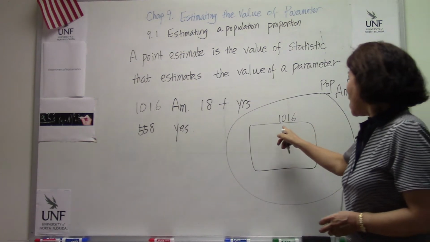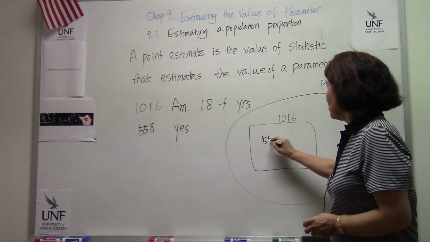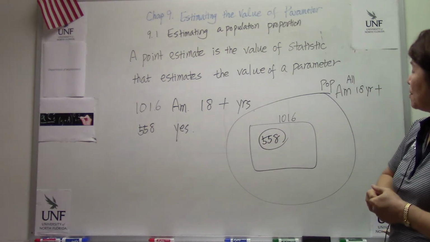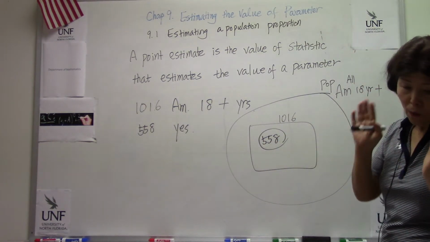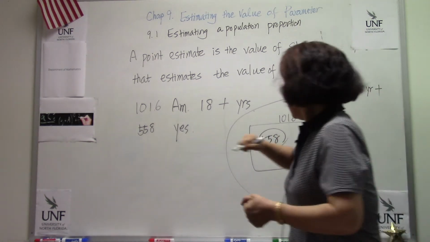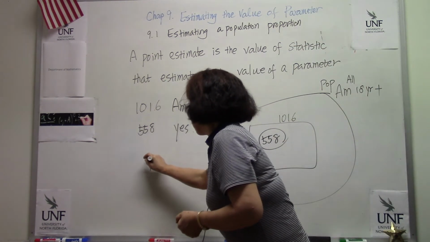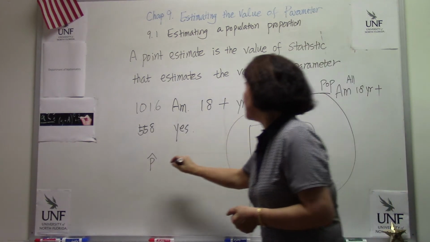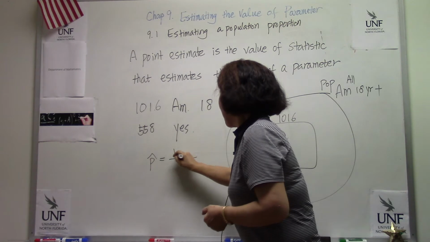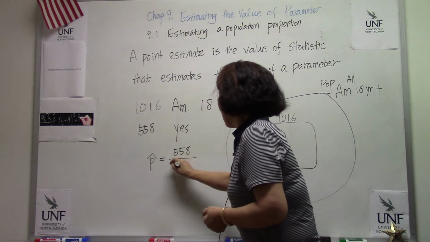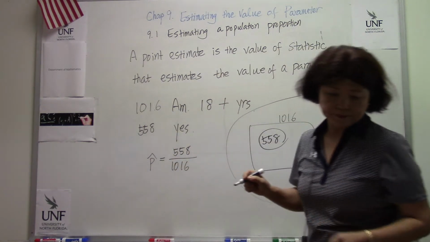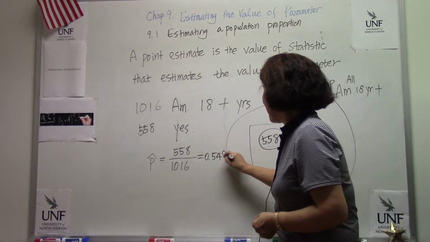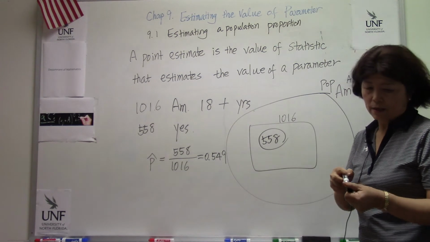Out of this, 558 people said the amount they pay for federal income tax is fair. So what is the point estimate? That is very simple. It is the proportion who said yes among those people: 558 over 1,016. That gives you 0.549. That is p hat.